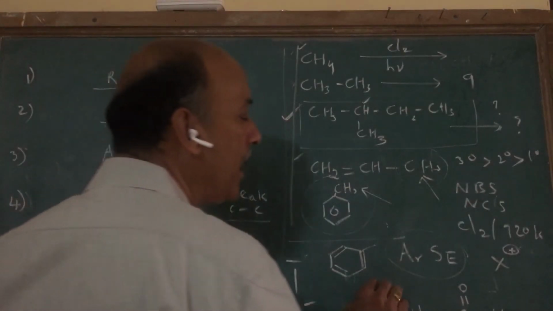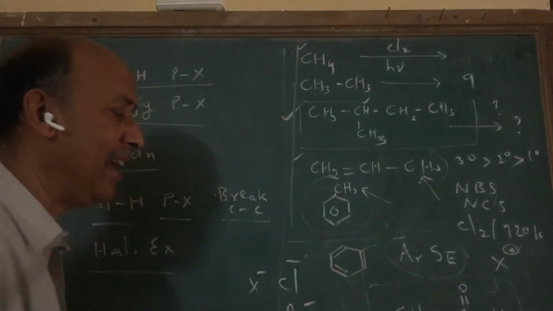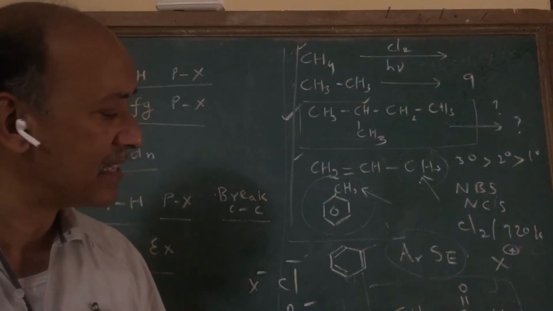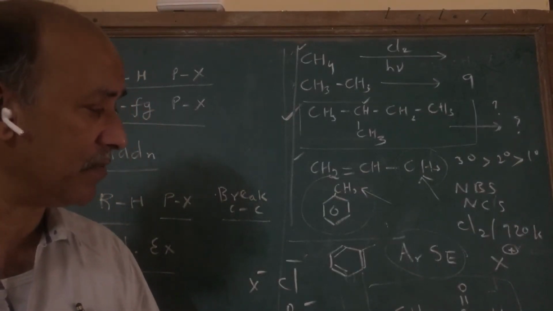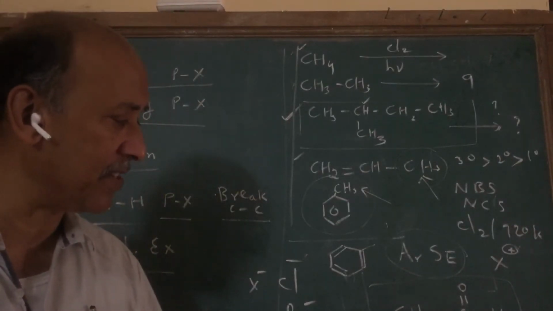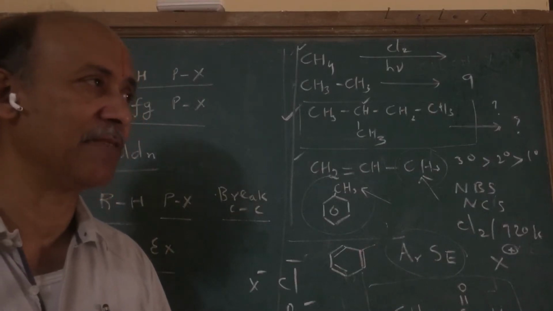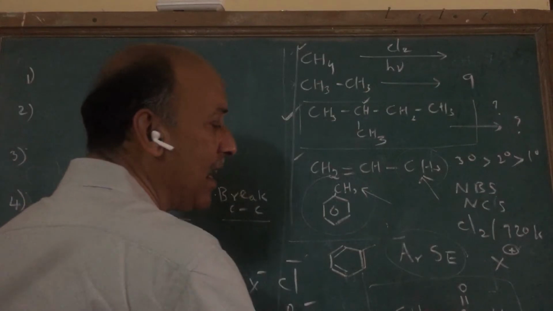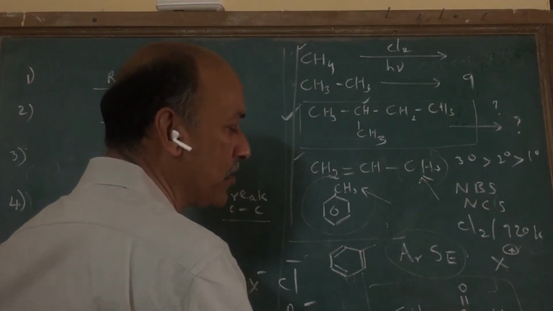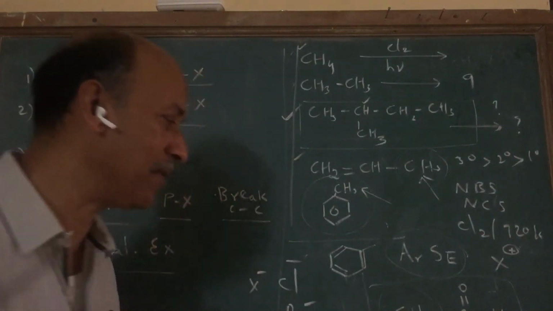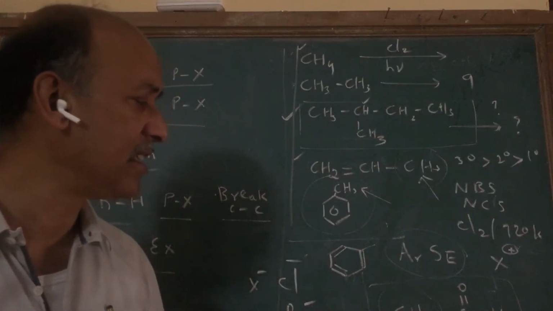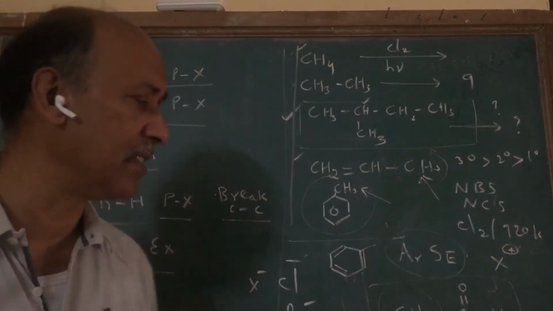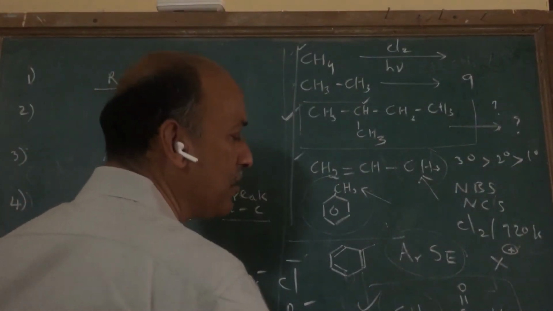Next, if you have a compound like an aldehyde, again you can replace the sp3 carbon hydrogen in the alpha position using a suitable reagent. This is called alpha halogenation, because the carbon next to the functional group is called the alpha carbon. What reagent is required for that? What is its significance? We can see later, as usual.